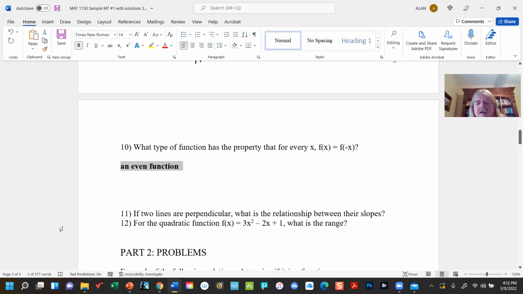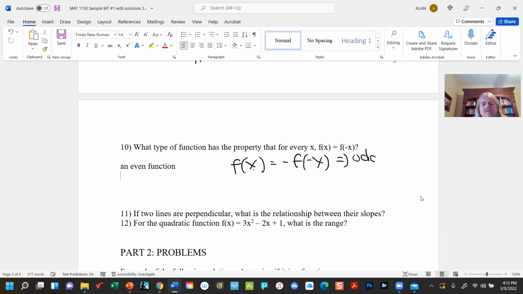The odd function, if you recall, is this one. So this one is even.